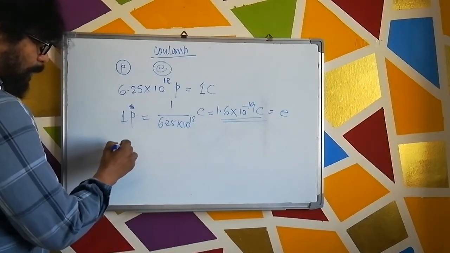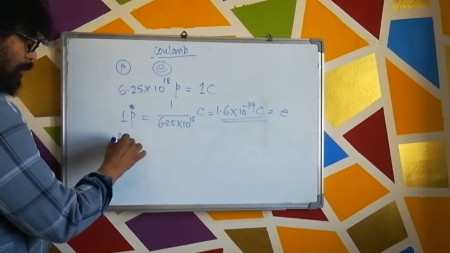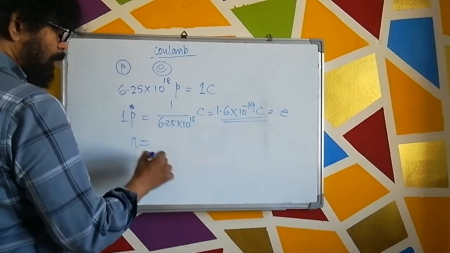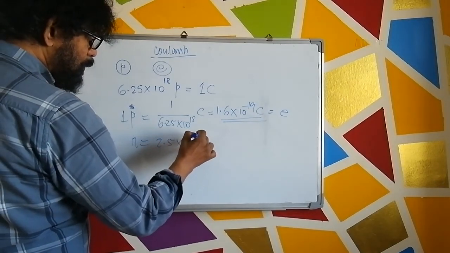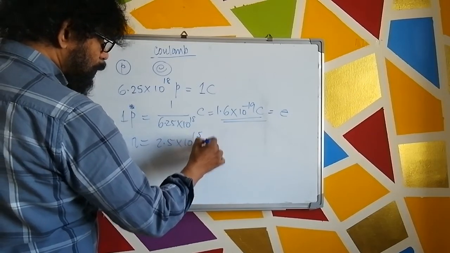So, okay, what is the charge if we have, say, 2.5 times 10 to the power 15 protons?